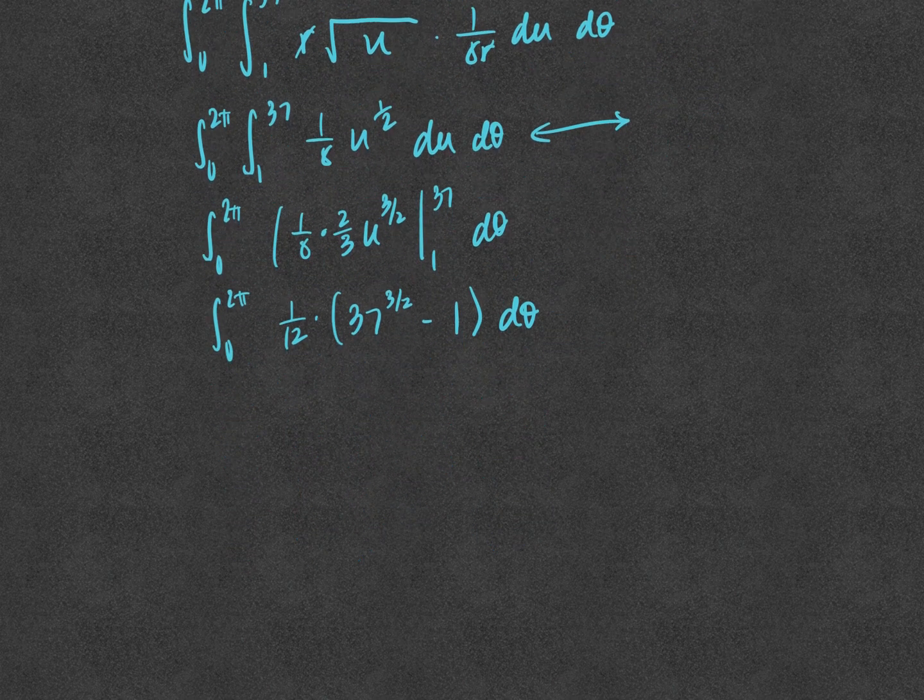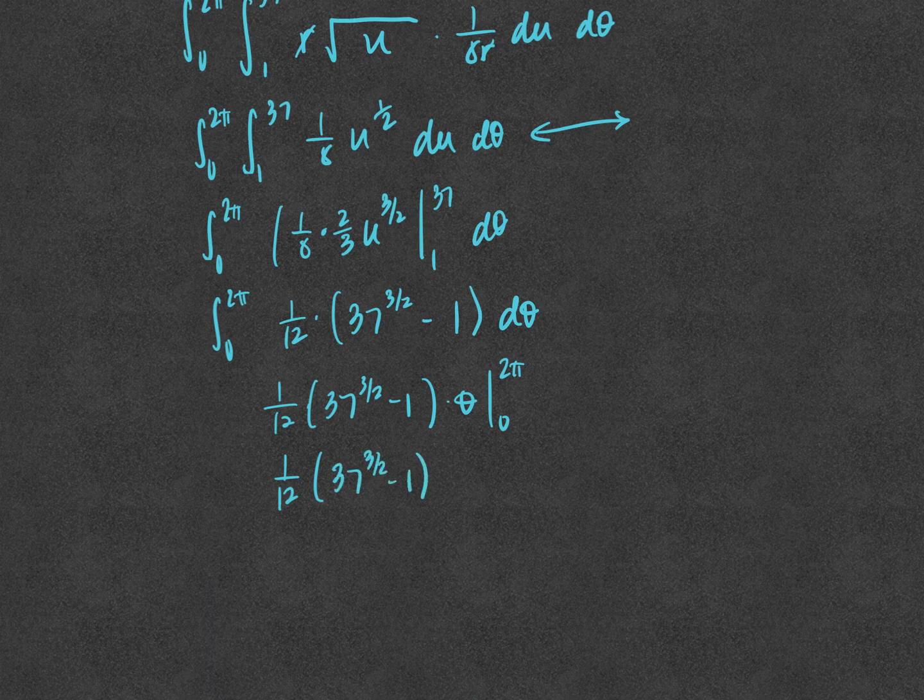Now I'm not going to worry about making that pretty because it's all a constant. There's no variable there. There's no theta. So we're going to integrate with respect to theta and say 1/12 times 37 to the 3/2 minus 1 times theta from 0 to 2 pi. So this means we have 1/12 times 37 to the 3/2 minus 1 times 2 pi minus 0, which is 2 pi.